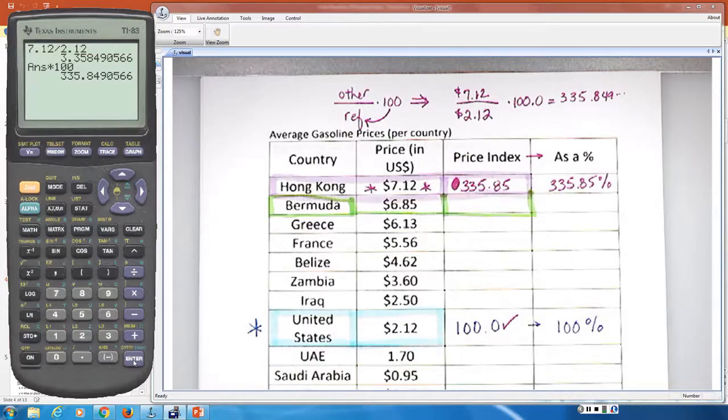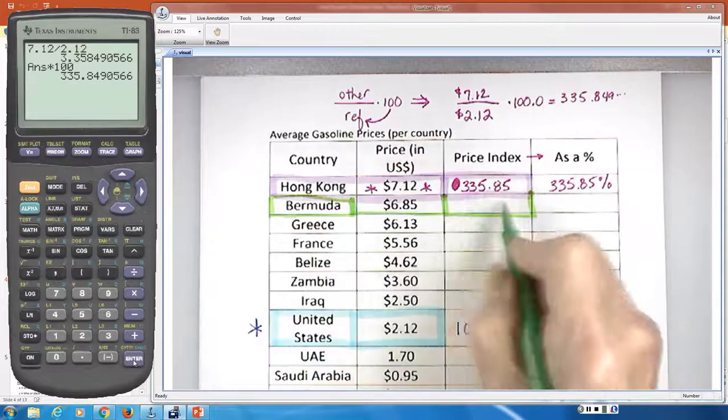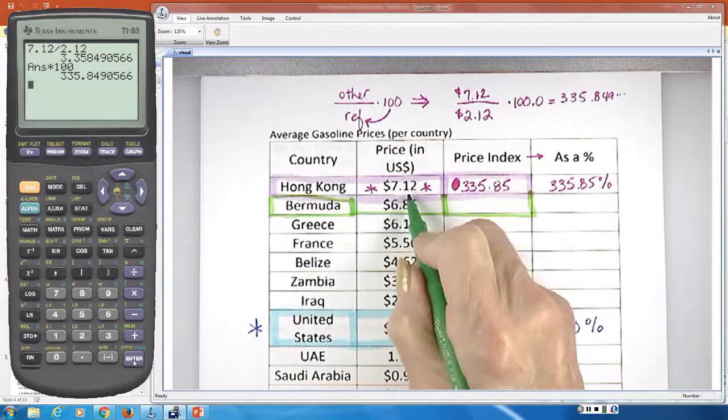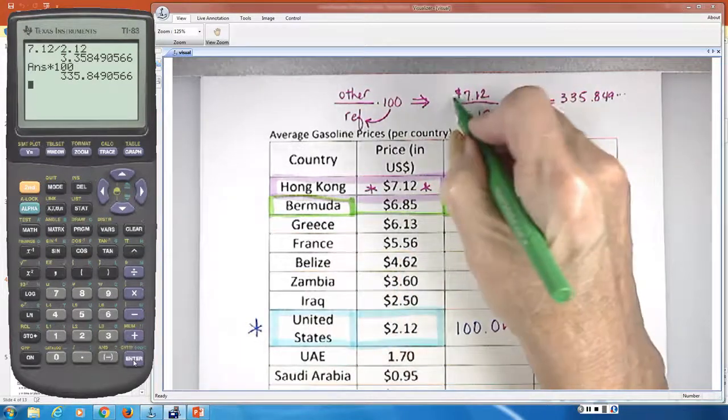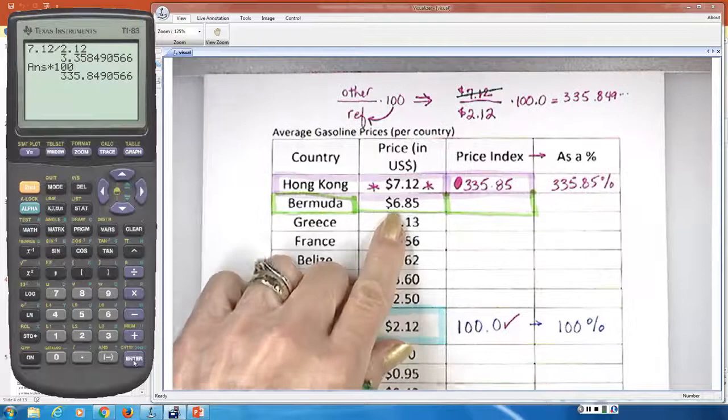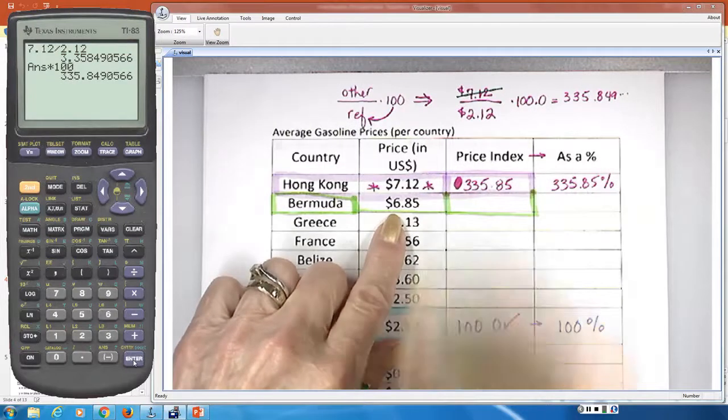The only difference is that instead of using Hong Kong's money, we're going to use Bermuda's money, which is $6.85.